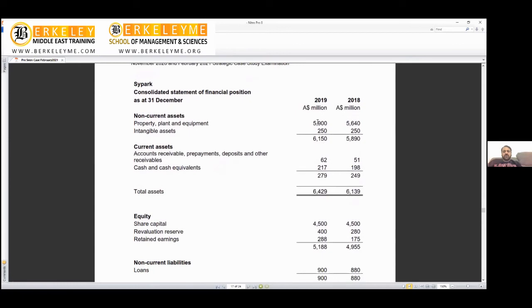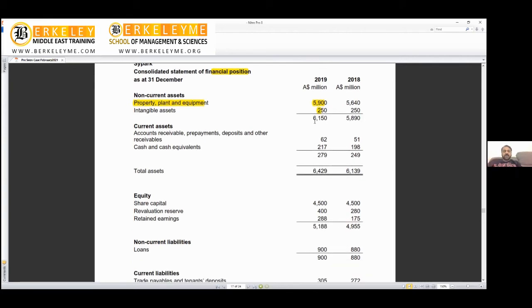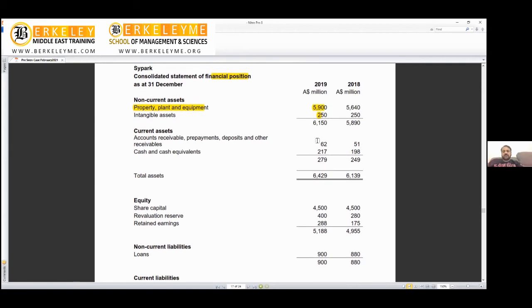Here we are for the financial position. As we discussed, the financial position shows your assets, liabilities, and equity. Property, plant, and equipment is growing. Intangible assets they do have, same as KCTP. In current assets, receivables have grown, so we need to see which items the receivables are on.